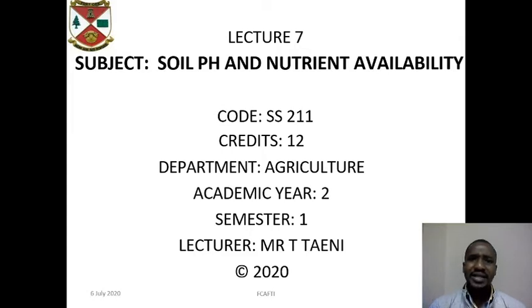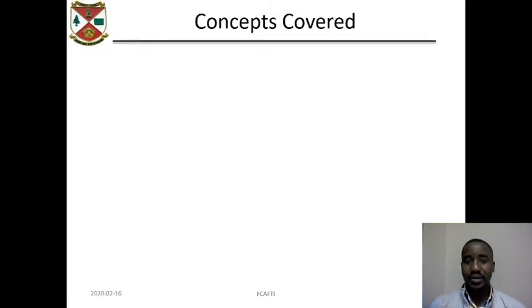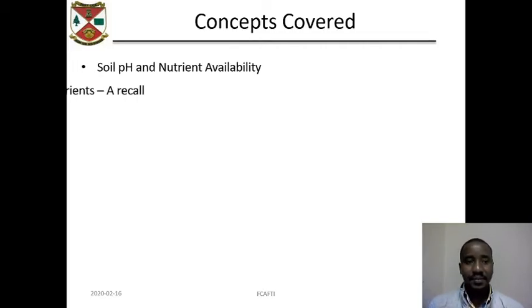So in this lecture, we will talk about soil pH and nutrient availability. We will cover the following concepts: soil pH and nutrient availability, plant essential nutrients, a recall or a reminder.